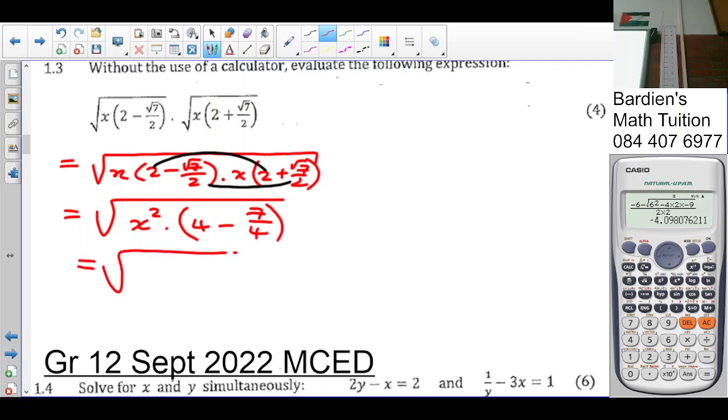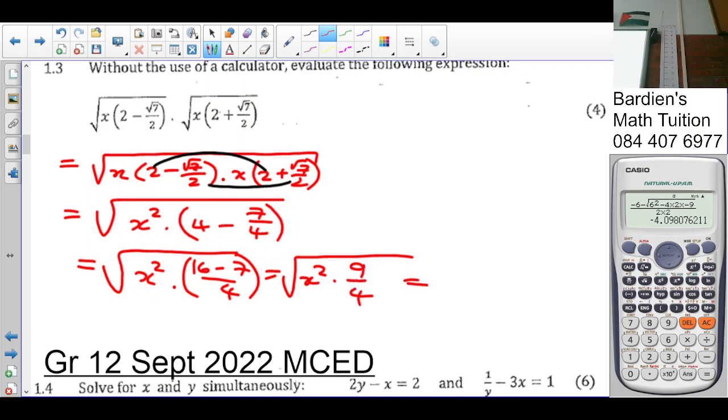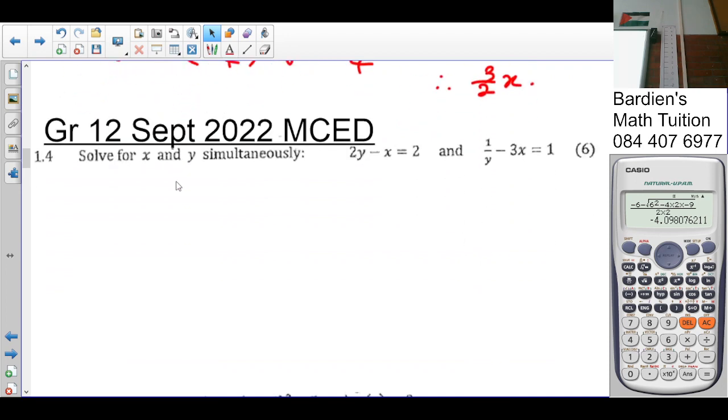So that will be the square root of x squared times (16 minus 7) over 4, which gives me the square root of x squared times the root of 9 over 4. The square root of x squared is x, the square root of 9 is 3, the square root of 4 is 2. So therefore it's going to be 3 over 2. Okay. Didn't have to put all those steps in. That was your 4 marks there.